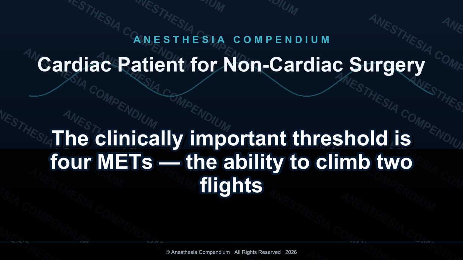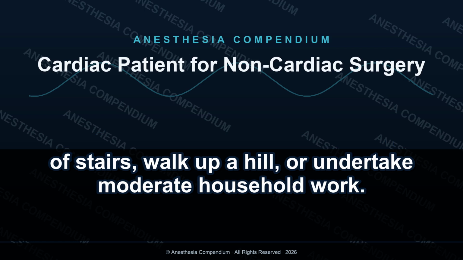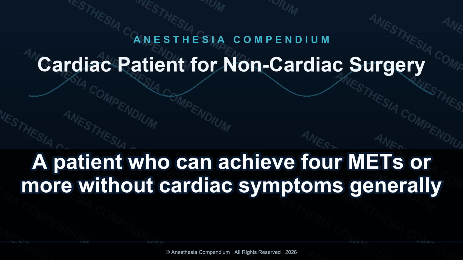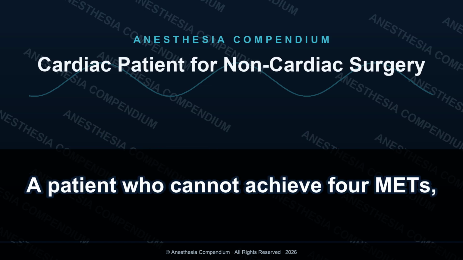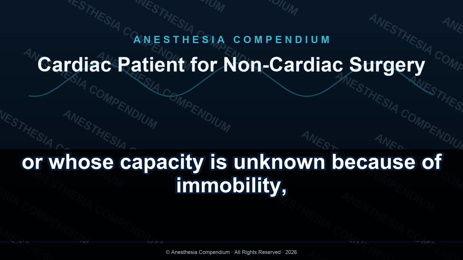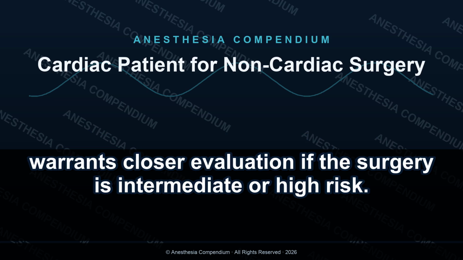The clinically important threshold is 4 METs, the ability to climb 2 flights of stairs, walk up a hill, or undertake moderate household work. A patient who can achieve 4 METs or more without cardiac symptoms generally tolerates major surgery well, and extensive cardiac investigation is usually unnecessary. A patient who cannot achieve 4 METs, or whose capacity is unknown because of immobility, warrants closer evaluation if the surgery is intermediate or high risk.